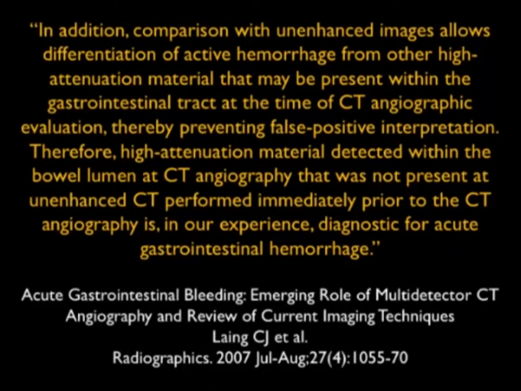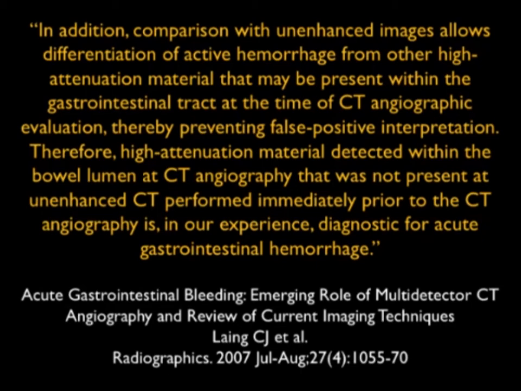Now, in this article by Liang, they also were very positive about CT. But this article makes it very clear that you need to do non-contrast scans first. The reason is that high-attenuation material may be within the bowel, and if you didn't notice it from non-contrast CT, perhaps you would overread the site of a bleed. You know, we do many things with non-contrast.